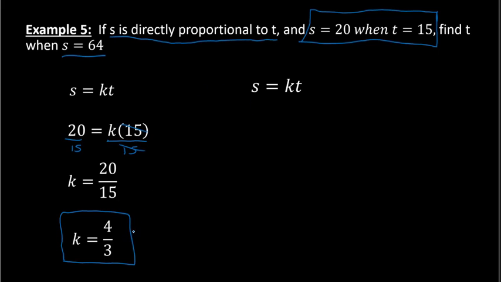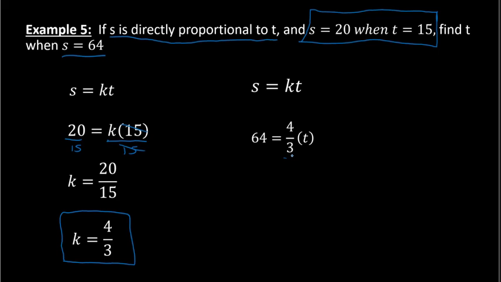It's a number that does not change. So I plug a 64 in for S and a 4/3 in for K. So I have 64 equals 4/3 times T. And I can solve this by getting rid of the 4/3. So I'm trying to solve for T. So 4/3 times T, I do the opposite of multiplying, which is dividing. So I divide by 4/3, which is the same thing as multiplying by the reciprocal.